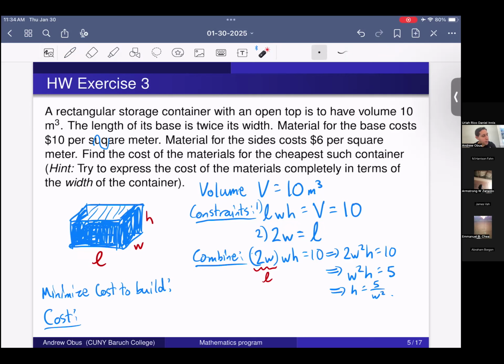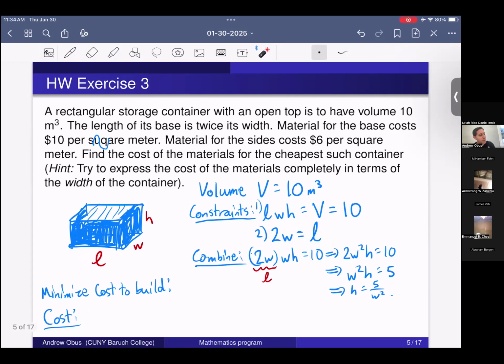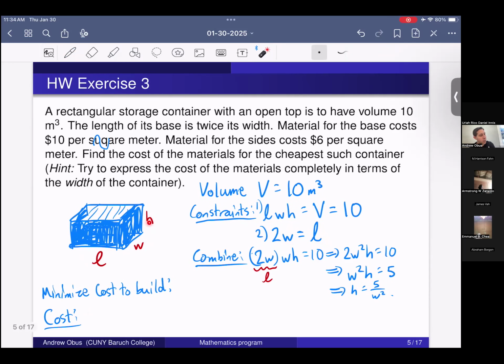What I want to do right now is write down an expression for the cost of the box. To begin with, that can involve L, W, and H altogether. But after we write it down like that, we'll convert it to something that only involves W. So what's the first expression for the cost?